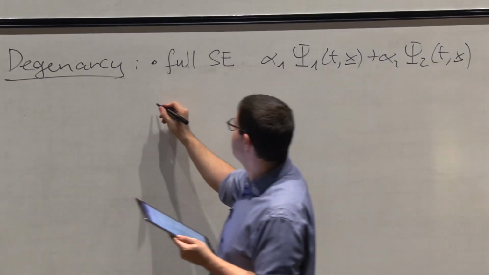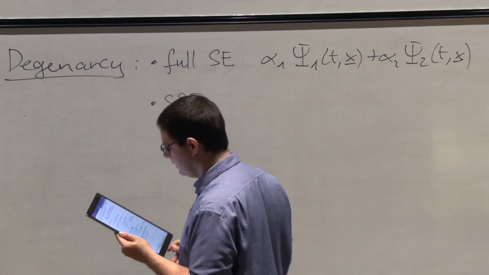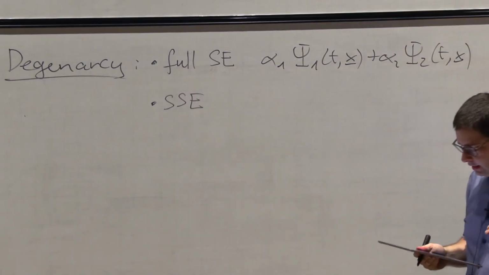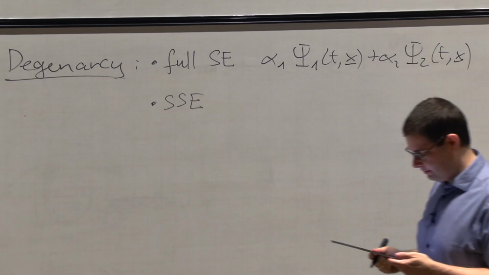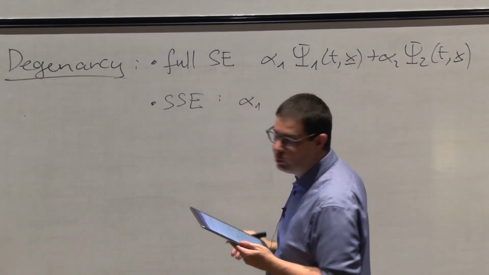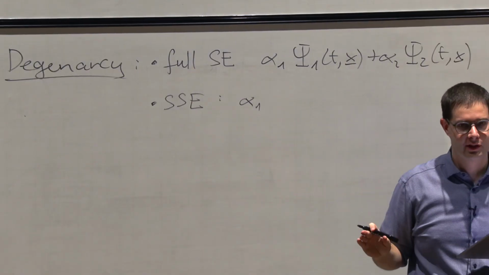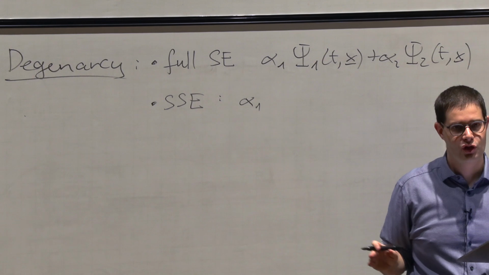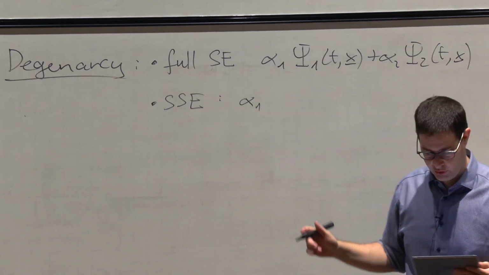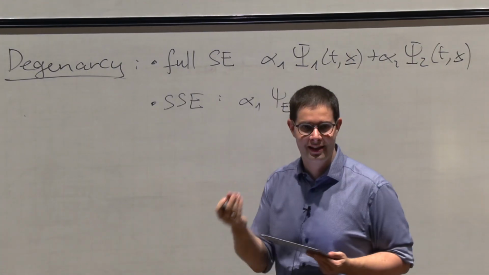But the stationary state Schrodinger equation, while it's also a linear PDE, it's not true that I can just take two stationary states, one corresponding to one energy, the other corresponding to another energy, add them together and get the solution. That just doesn't work because the equation changes.